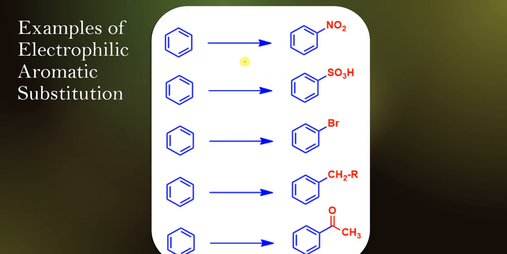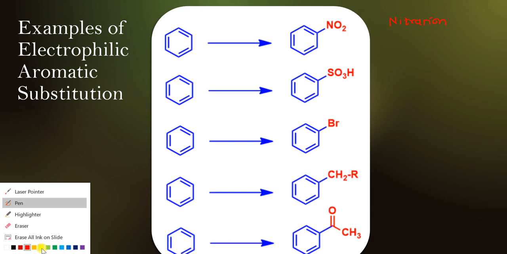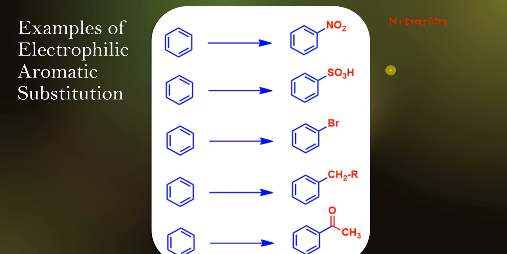Here are some examples of electrophilic aromatic substitution reactions. You can see benzene is converted into nitrobenzene, so we call this a nitration reaction. Second, benzene is converted into benzene sulfonic acid, so we call this a sulfonation reaction.